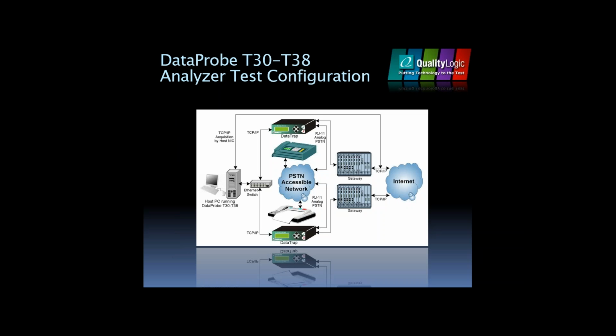Typical connection arrangement for doing what I just talked about, it's on the screen here. Basically, you have the host running DataProbe, goes out, controls the two data traps. They are listening to the front ends of a pair of gateways. Literally, whatever comes over the PSTN and goes to those gateways has to go through the data trap for monitoring.